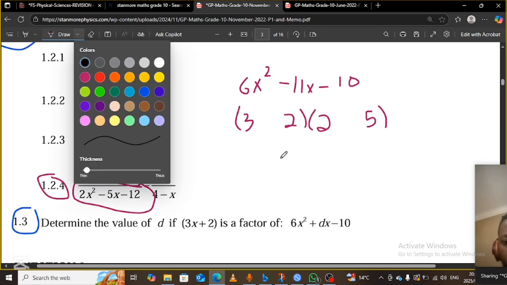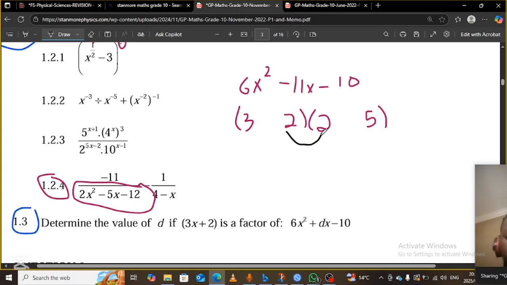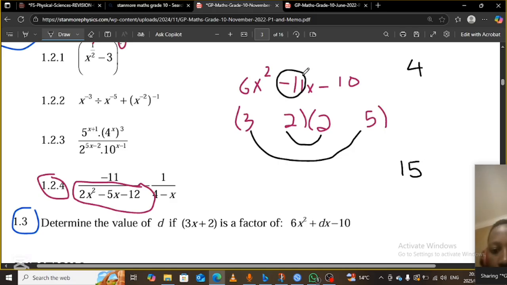Now, we have to check whether these factors are giving us 11 or not. 2 times 2 is 4, right? And 2 times 5 is 15. We are supposed to get negative 11. So the 15 has to be negative, and the 4 has to be positive, in order to get 11.